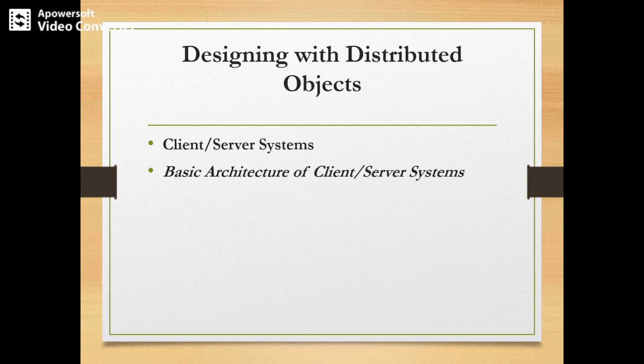This point is very important in designing with distributed objects, because securing data is one of the hectic challenges. As data is distributed over multiple systems and transported over communication links, care must be taken to guarantee that it is not lost, not corrupted, and not stolen.